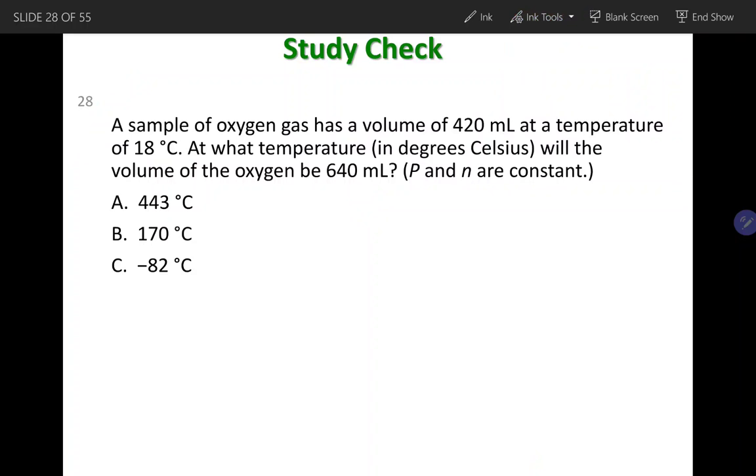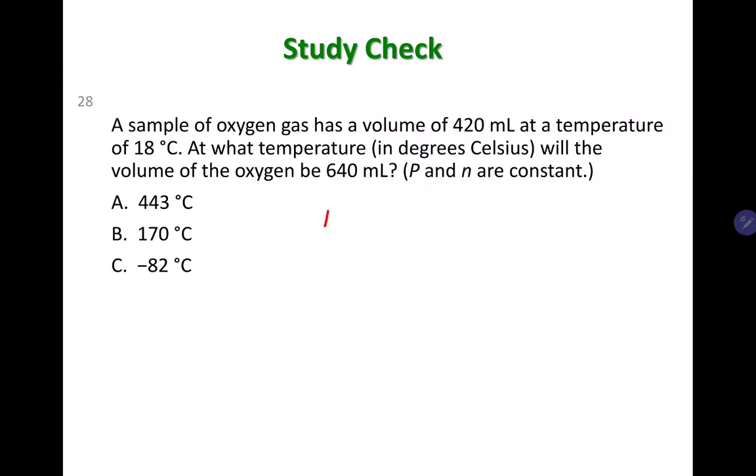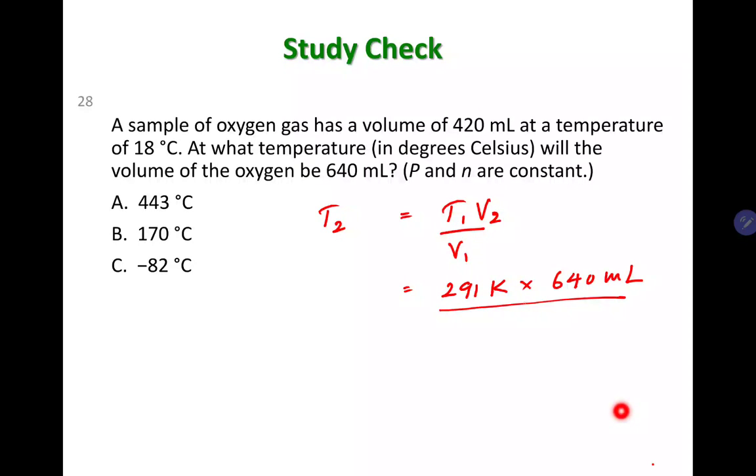We are looking for T2. T2 equals T1 times V2 divided by V1. We already derived this, right? So let's plug in the numbers. Temperature is 291 Kelvin, V2 is 640 milliliters, divided by V1, which is 420 milliliters.